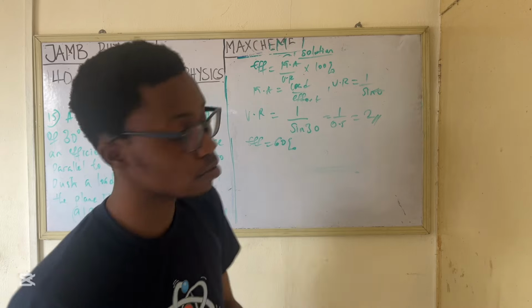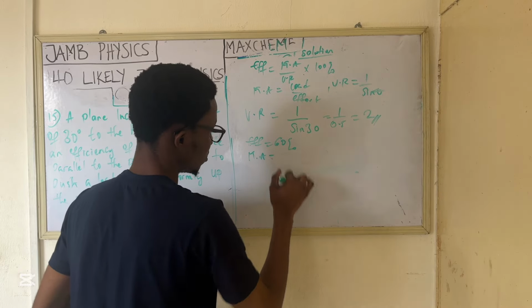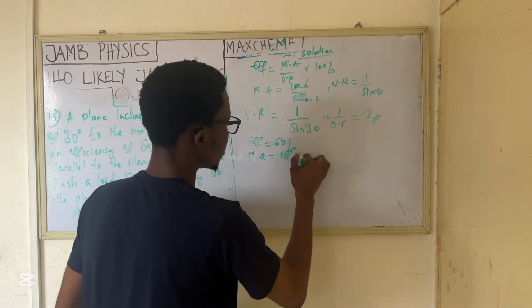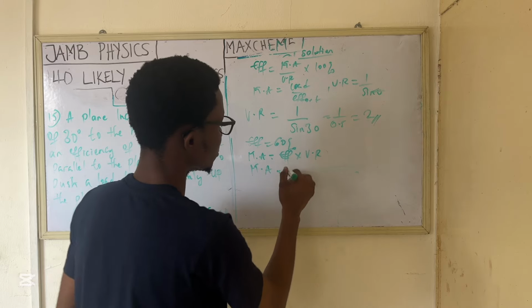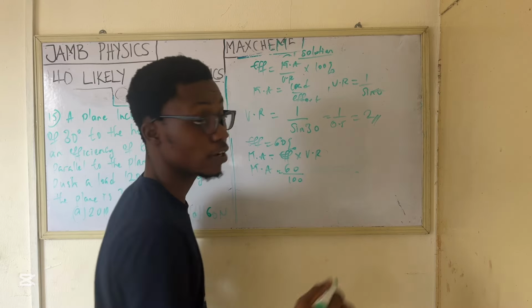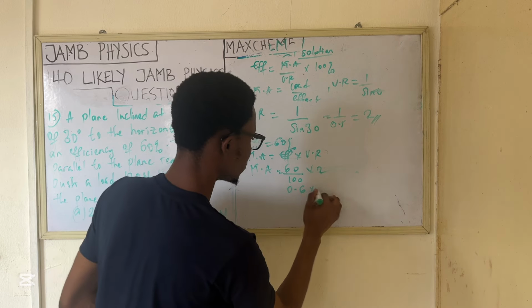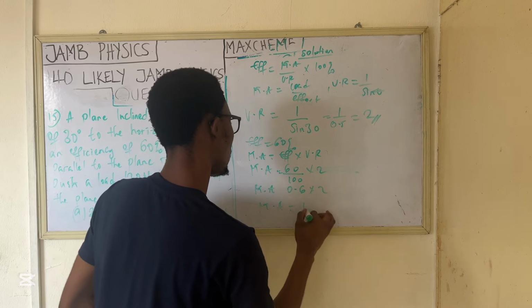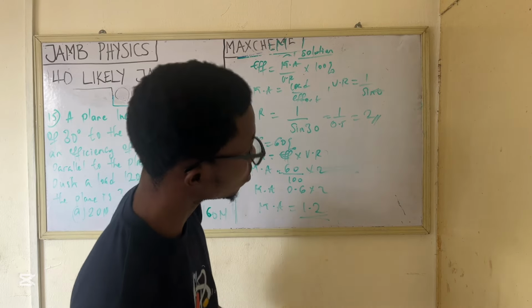That is 60 over 100, times 2, so that's 0.6 times 2. So mechanical advantage for this question is 1.2. It has no unit. Mechanical advantage has no units.